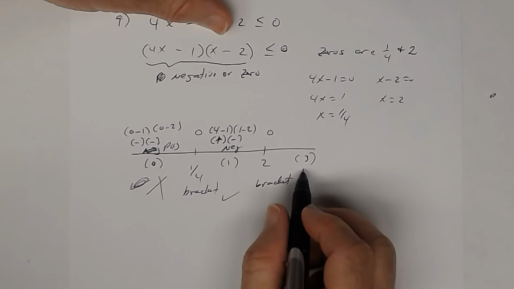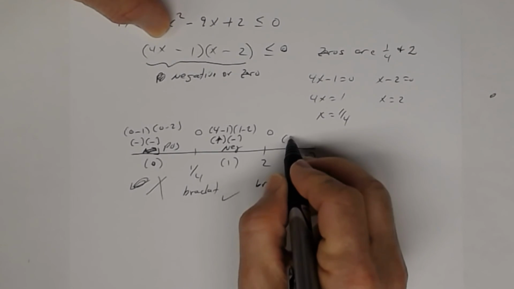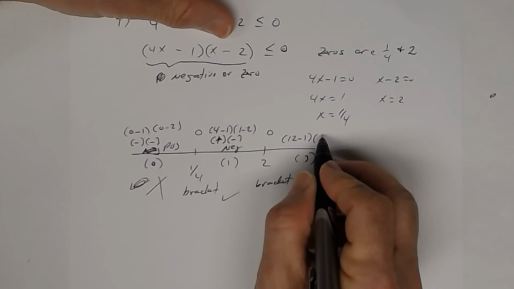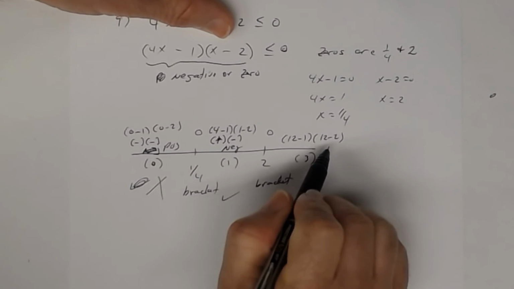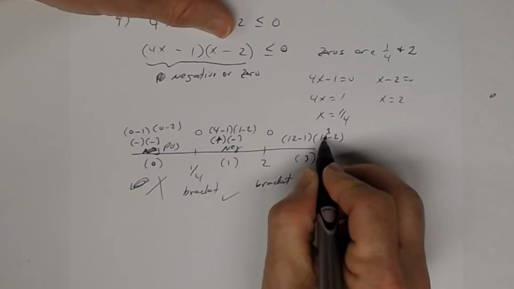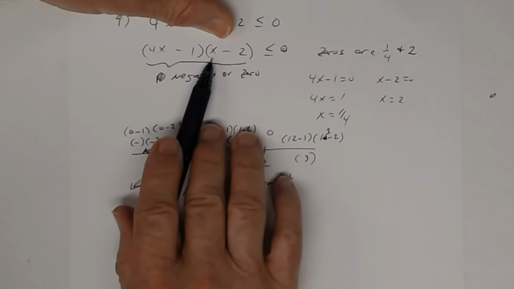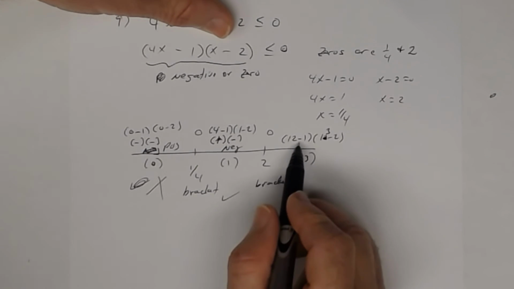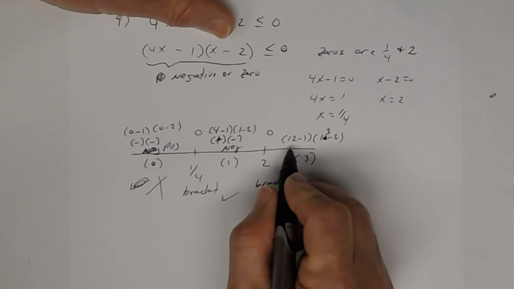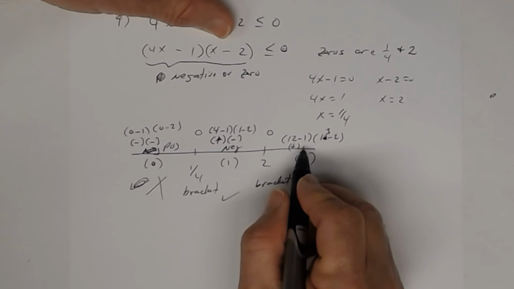If x is 3, 4 times 3 is 12. So I get 12 minus 1 times 3 minus 2. I'm sorry about that as well. Okay. 4 times 3 is 12, so I get 12 minus 1. x is 3, so I get 3 minus 2. Well, 12 minus 1 is 11, so that's positive. 3 minus 2 is 1, so that's positive.